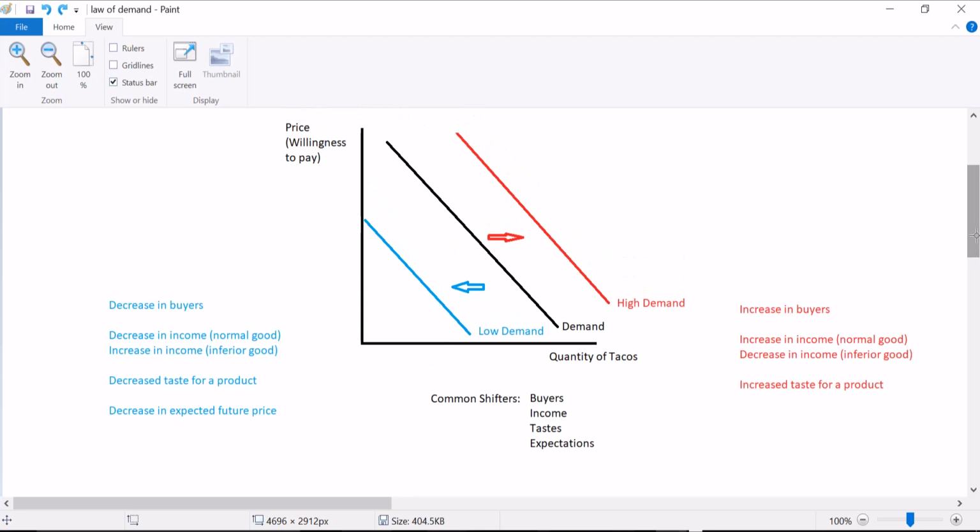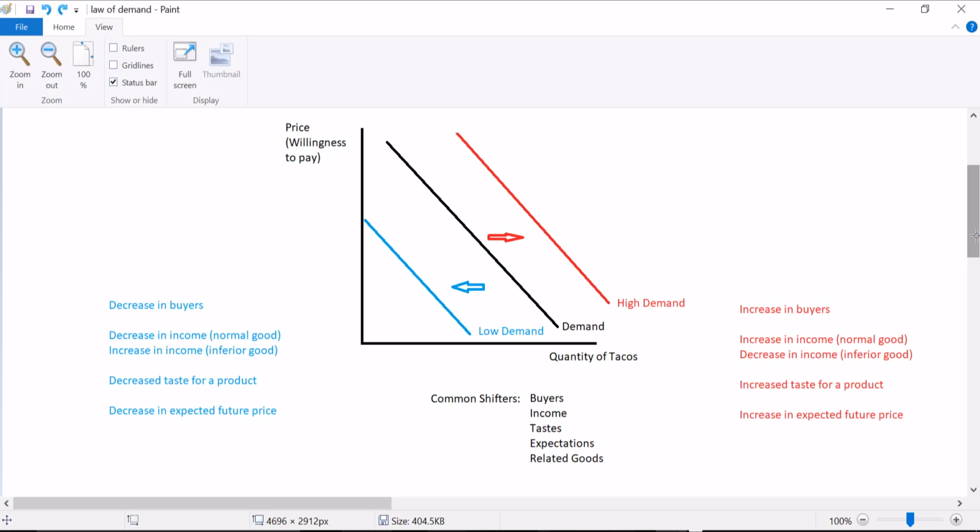In the case of this example with tacos, if I am deciding whether or not to go and buy a bunch of tacos today, and I find out that tomorrow they're going to be on sale, there's a good chance I'll save my money today and go and spend it tomorrow. So if my expected prices in the future fall, that'll decrease demand today as I wait to go buy during the sale. And to increase demand, you have an increase in expected future prices, which would make you want to buy now while it's cheap.